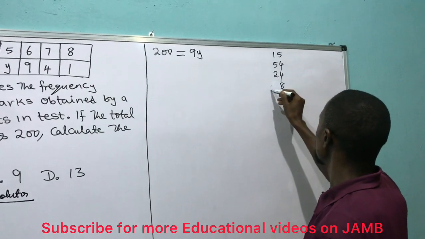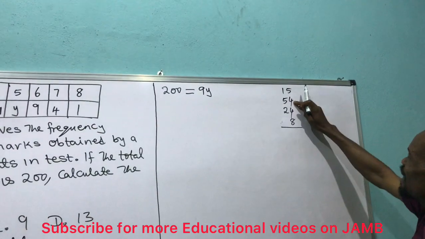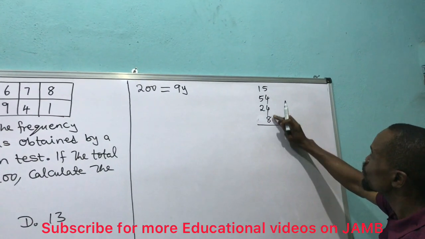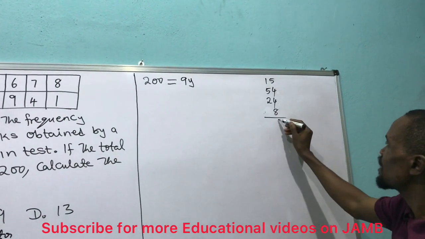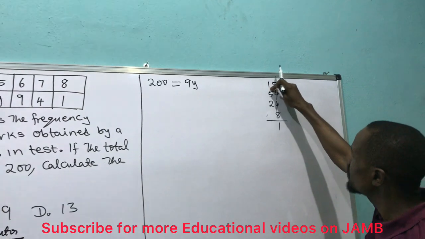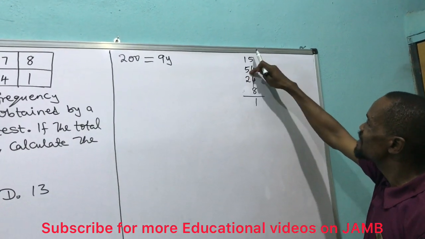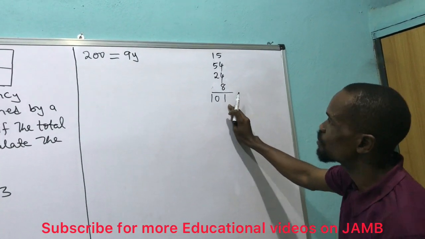Let's see what we are doing here. Then 5 plus 4 is 9, 9 plus 4 will give me 13, 13 plus 8 will give me 21. I write 1, carry 2. Putting it here will give me 3, plus this will give me 8, plus this will give me 10. That's 101. That's what I have here.